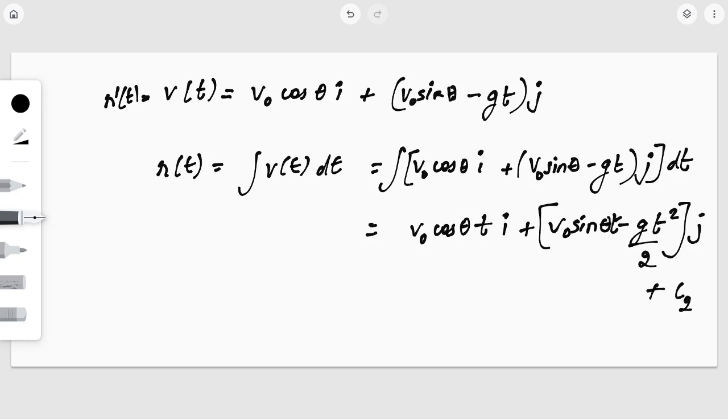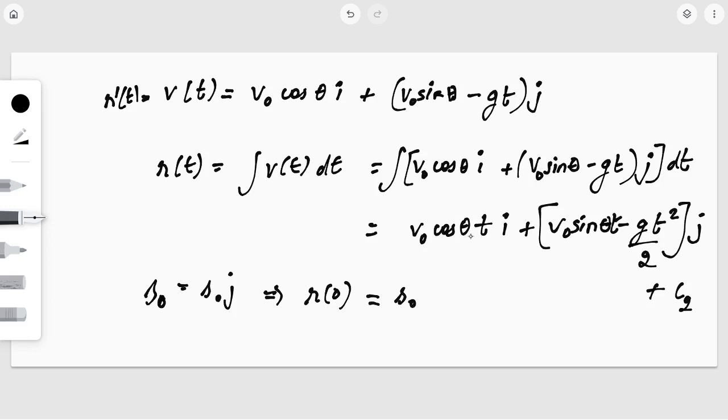Now we had considered the initial height s dot to be s dot into j. Now s dot is nothing other than r of 0, that is the initial position of that projectile, and this is the position vector. So substituting the value of t equal to 0, what do we get?